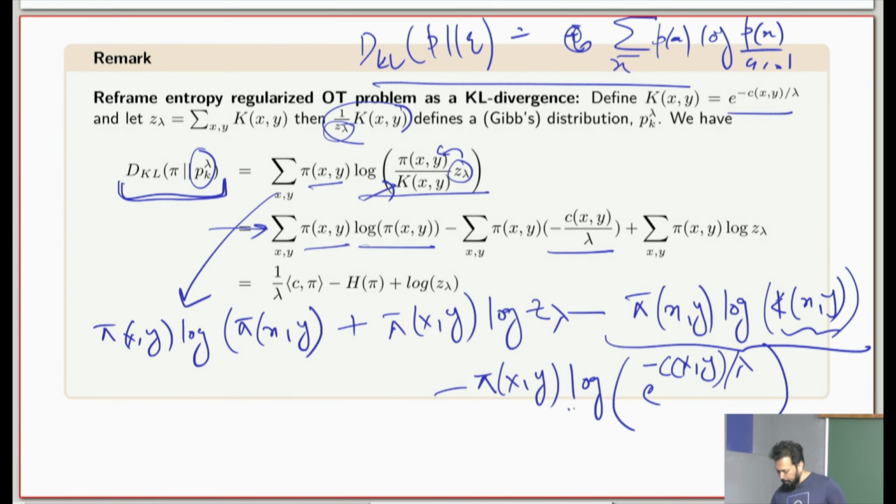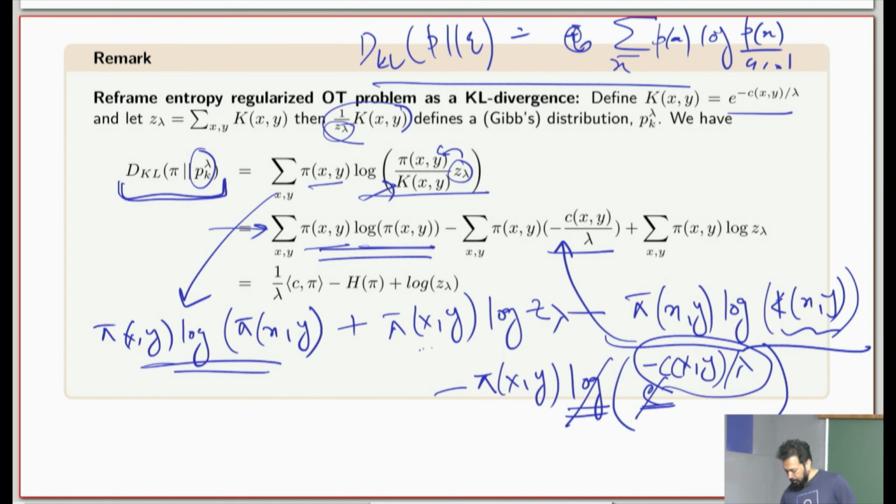We all know that log and e get cancelled. So what we get is pi_xy times minus c_xy by lambda, which is indeed here. The other terms are matching as they are. This term is matching with this, and this term was here. So that's fine.